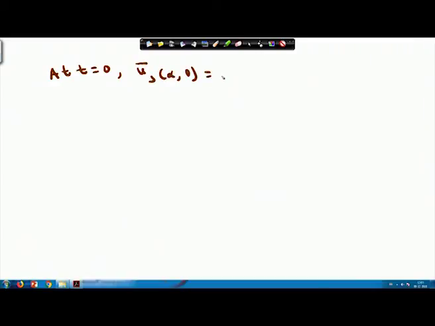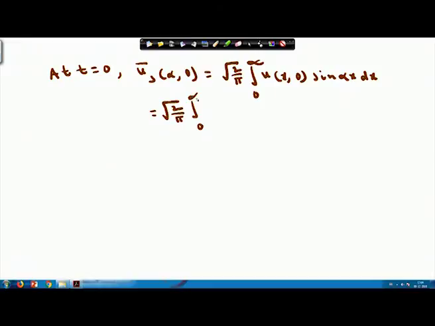This is equal to root over 2 by pi, integral from 0 to infinity of u x 0 sine of alpha x dx, and u x 0 is given as e power minus x. So it is e power minus x sine alpha x dx. If I evaluate this integral, this is again a standard one, you can check it.